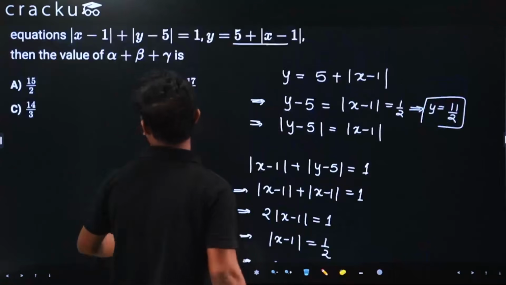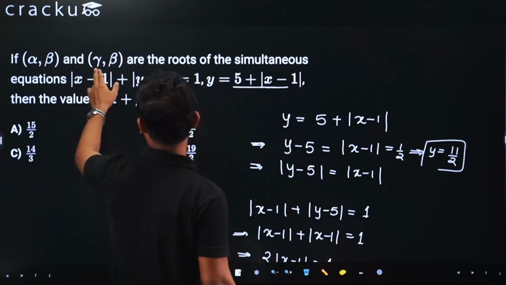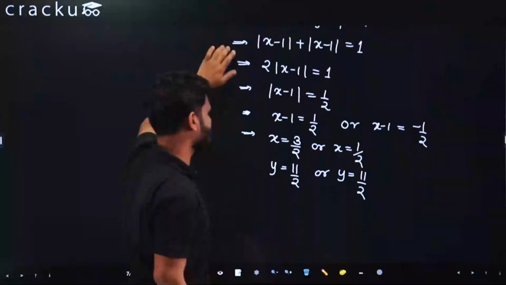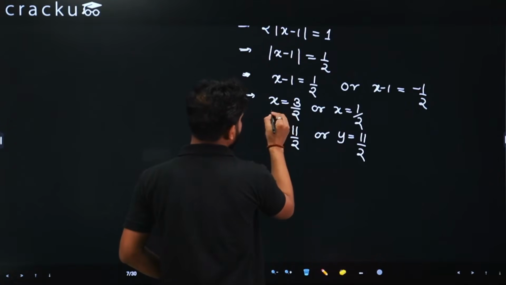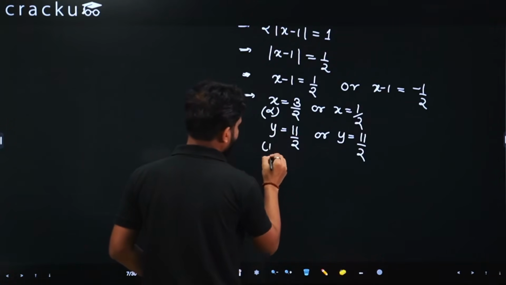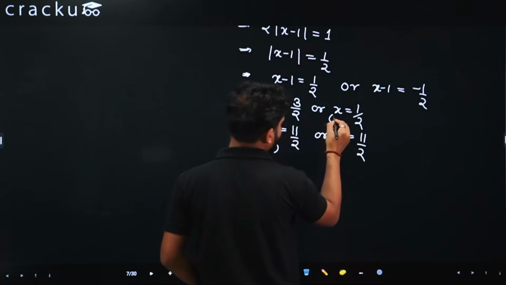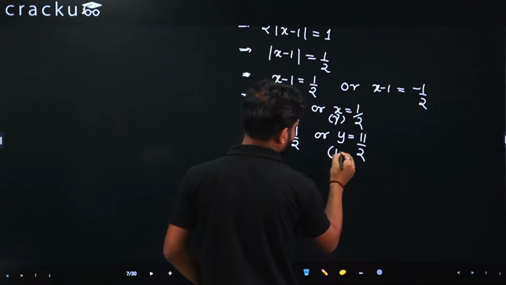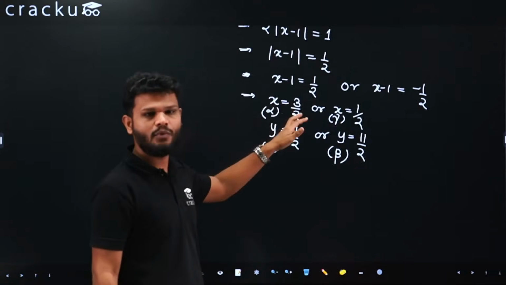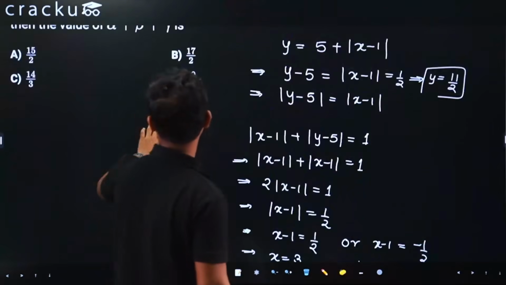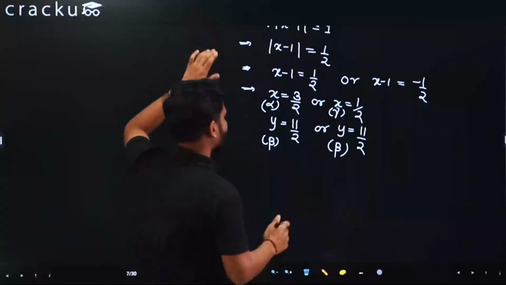Now it is given that alpha and beta, and gamma and beta are the roots. So you see, if this is alpha, this will be beta. And if this is gamma, this will be beta, because beta is the same in both the cases. What you need to find is alpha plus beta plus gamma.